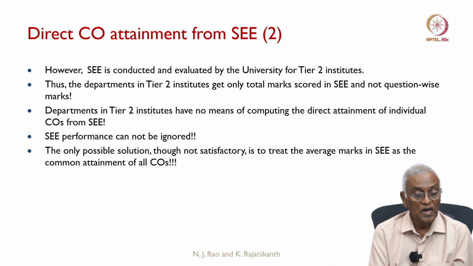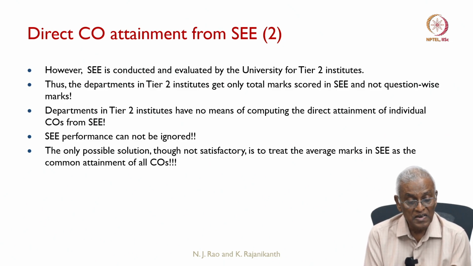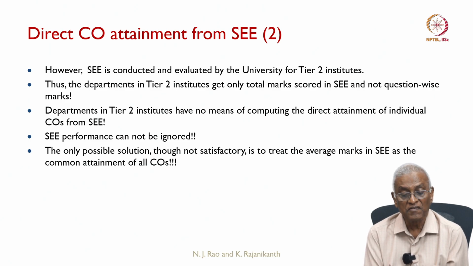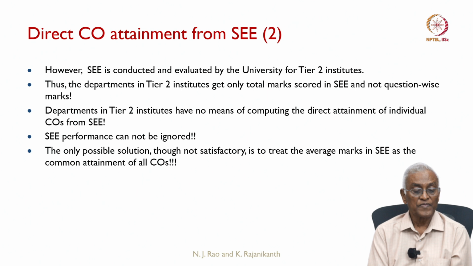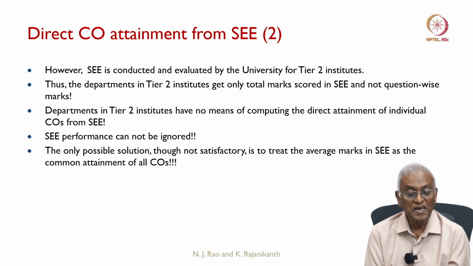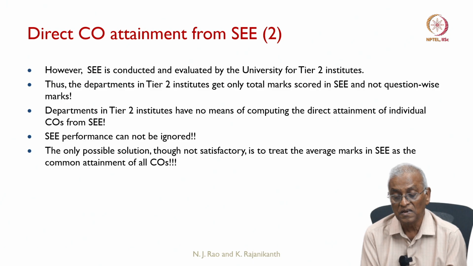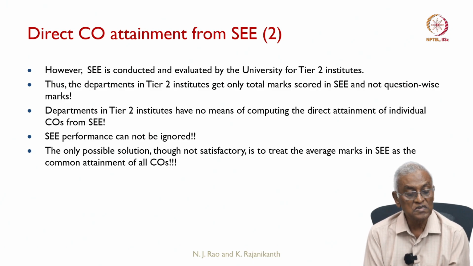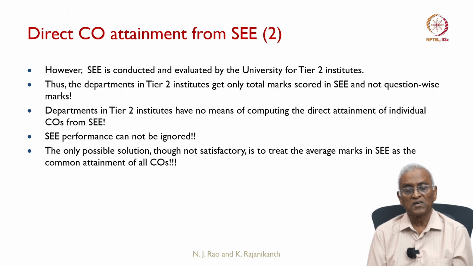Whereas in tier 2 institutions, the semester end examination is conducted and evaluated by the university. Thus, the department in a tier 2 institution gets only the total marks scored in SEE and not question-wise marks. It can be done, but they don't have that.